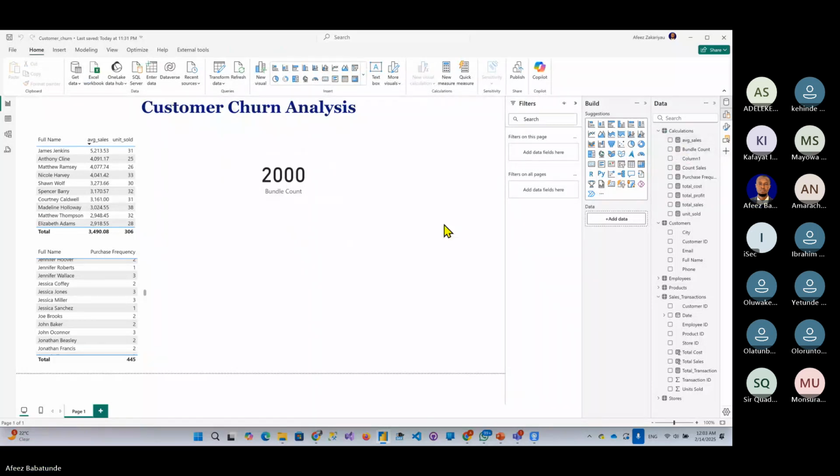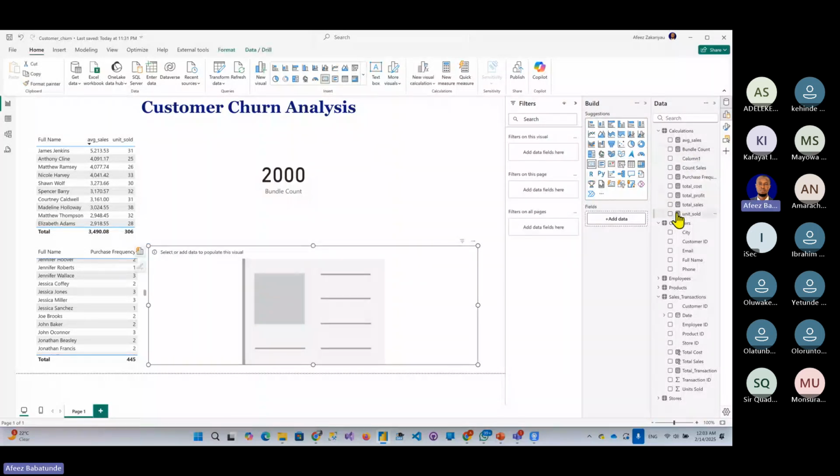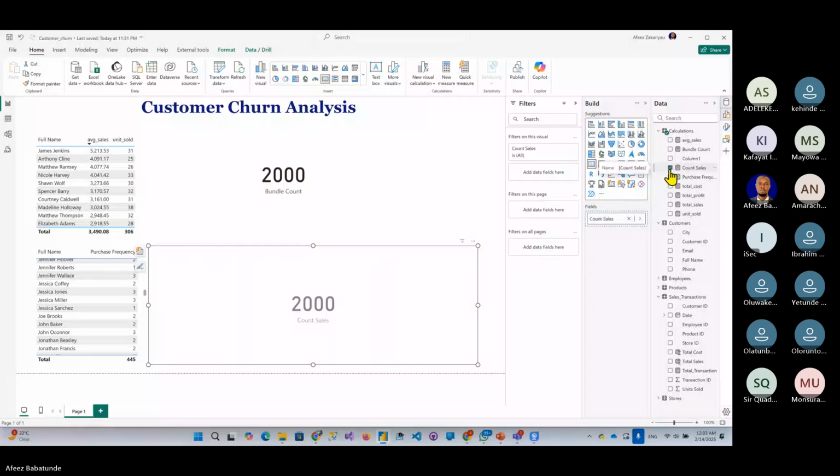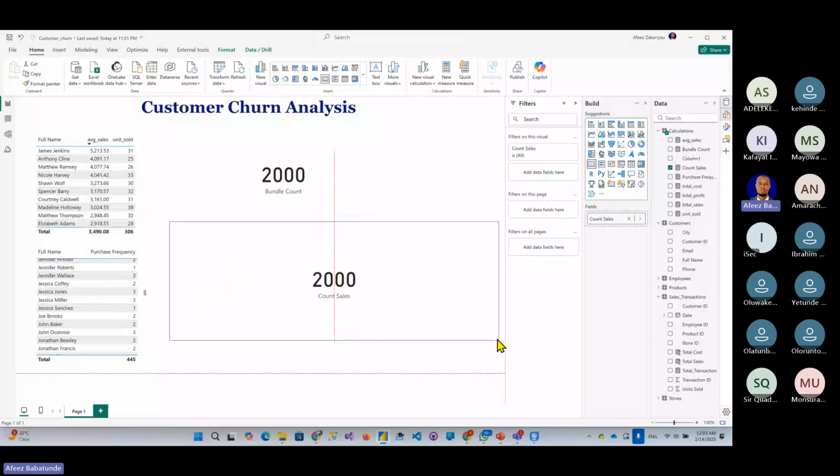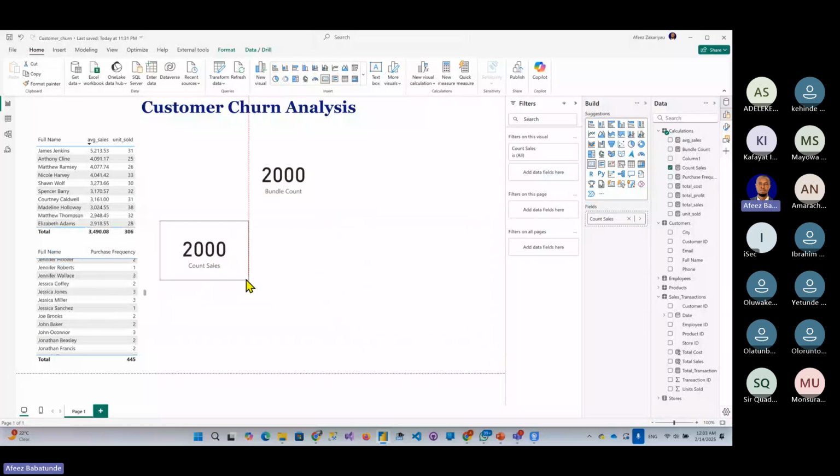Well, let me check. Let me have a card, and then let me have sales count. Yeah, here it is. So that means all the transactions that we have on this table are all unique.